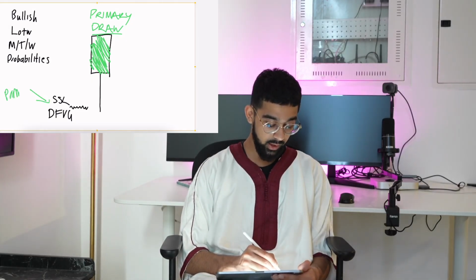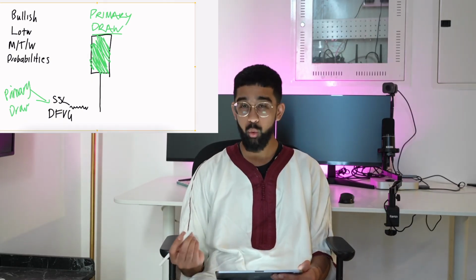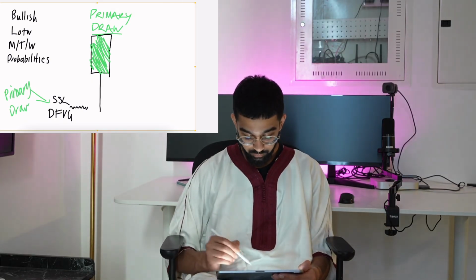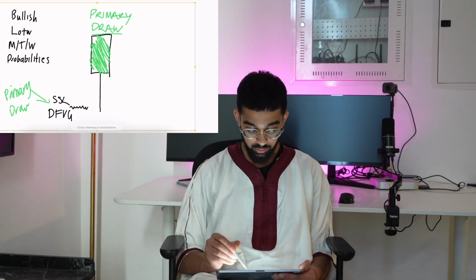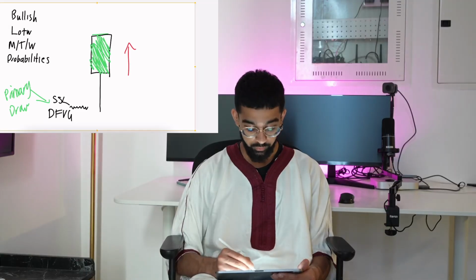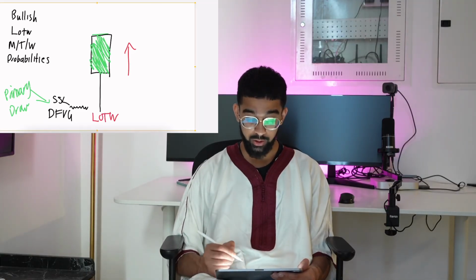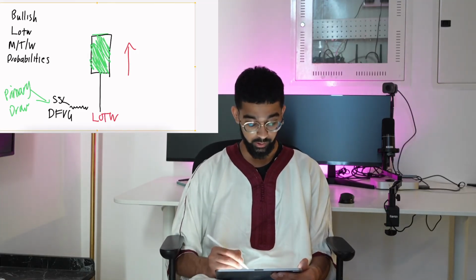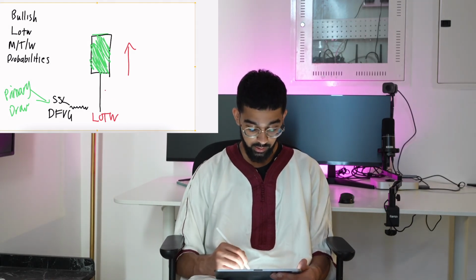So this was your primary draw. That is your primary draw. And so what is the secondary draw? The secondary draw, okay, so primary was the first objective of the week for it to make the low of the week because it's a bullish week. So that means making this wick is primary.